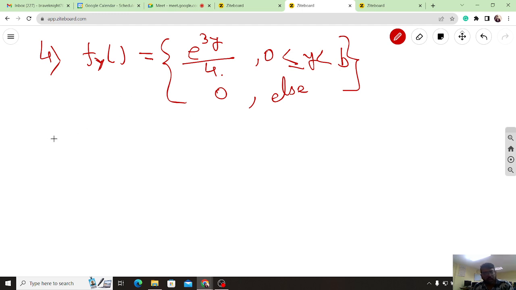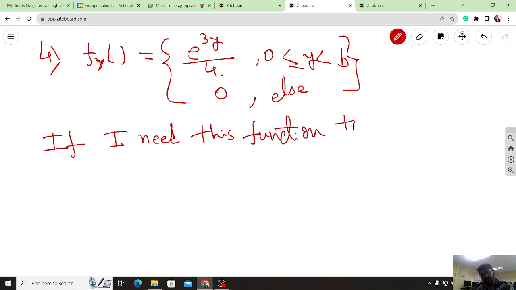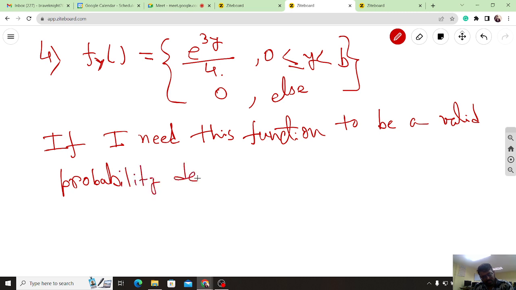So if I need this function to be a valid probability density, what should be the value of the constant b?